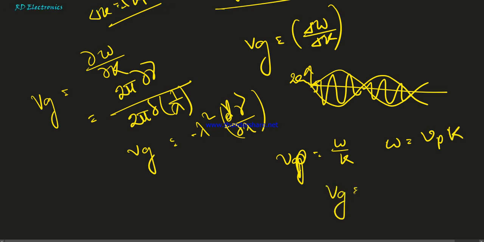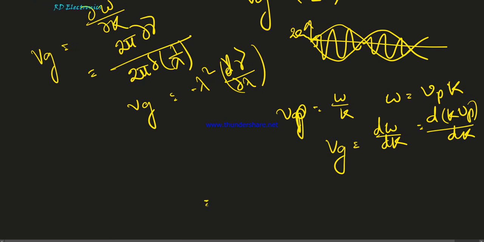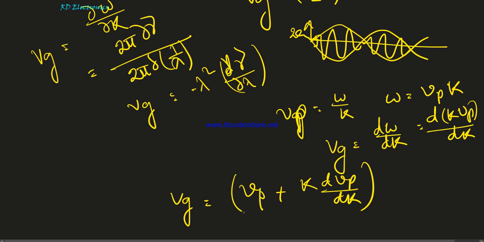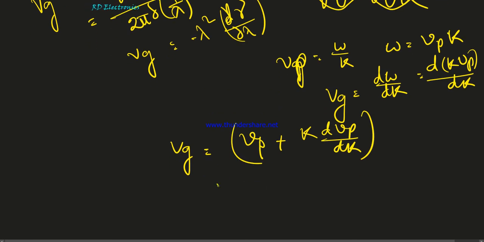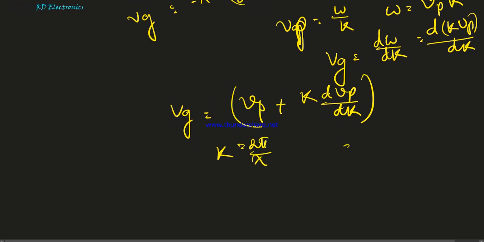Therefore Vg equals dω/dk, that is d(k Vp)/dk. Deriving this term using the product rule, Vg equals Vp plus k dVp/dk. Now k equals 2π/λ, so what is the value of dk? dk means minus 2π/λ² times dλ.